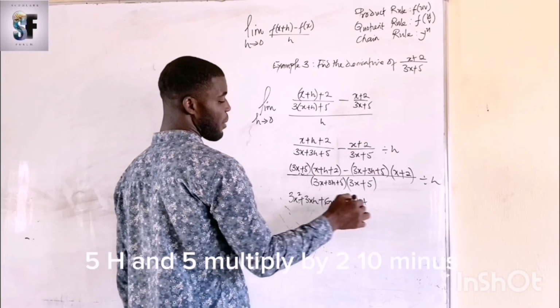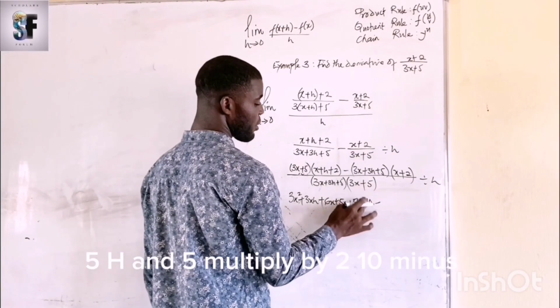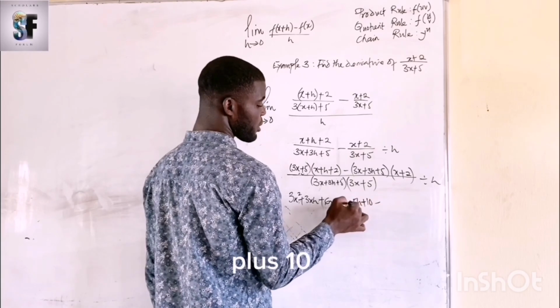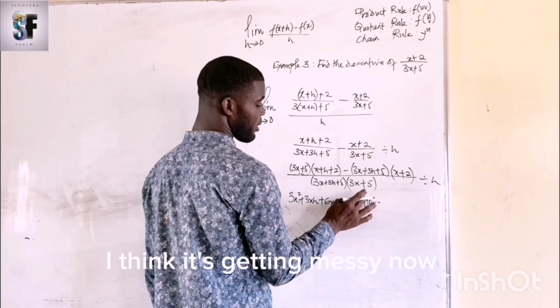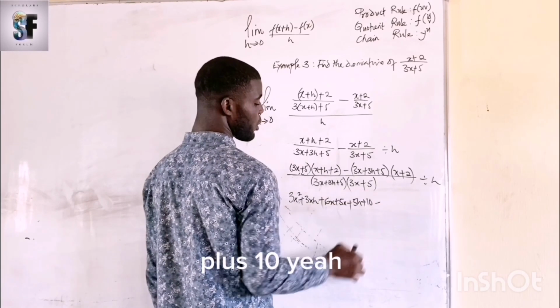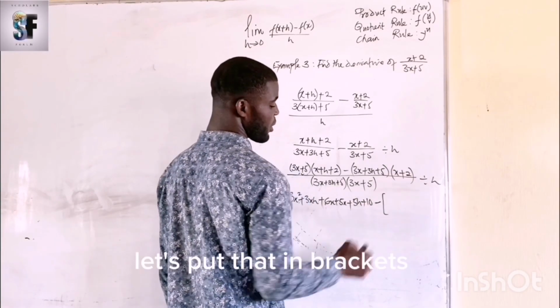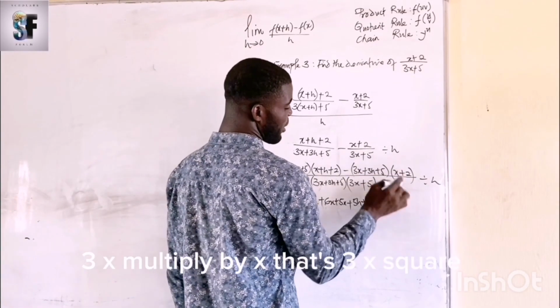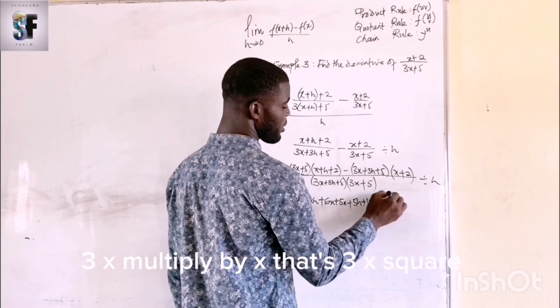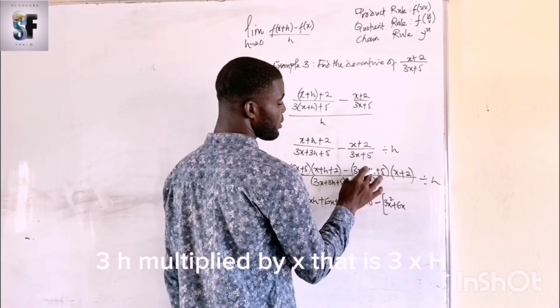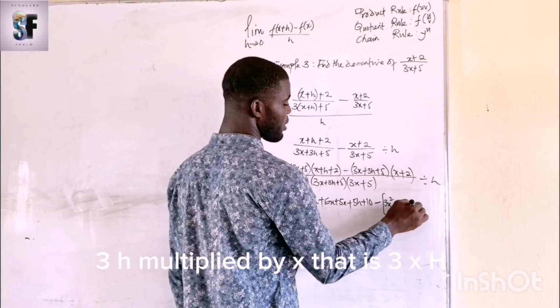And 5 multiplied by 2, 10. Plus 10, I think it's getting messy now, yeah, this is better. Minus, let's put that in bracket. 3x multiplied by x, that is 3x squared. 3x multiplied by 2, that is 6x. 3h multiplied by x, that is 3xh.